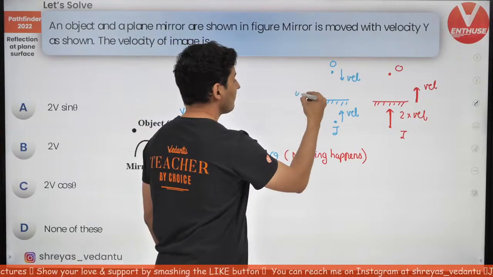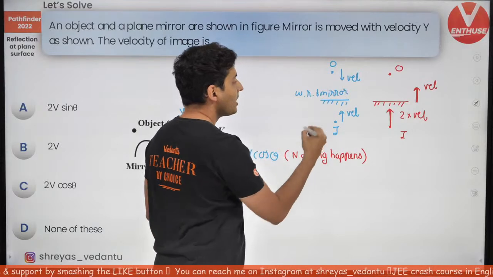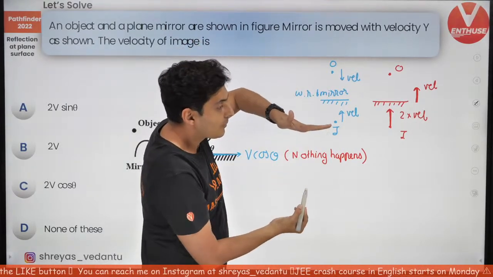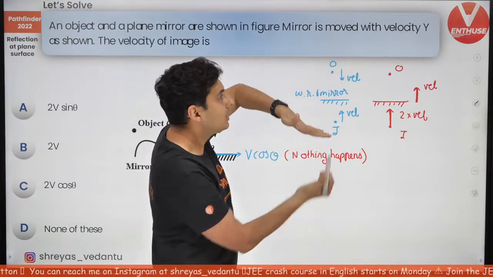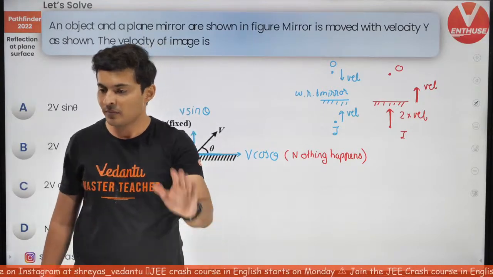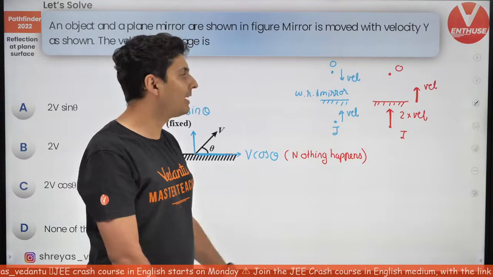This is all with respect to the mirror frame of reference. Now, with respect to the mirror, the image is moving with v, but the mirror itself is moving with v, so the net speed will be 2v. Is that making sense? Understood, my warriors? Pakka? Got it? Very, very interesting concept.